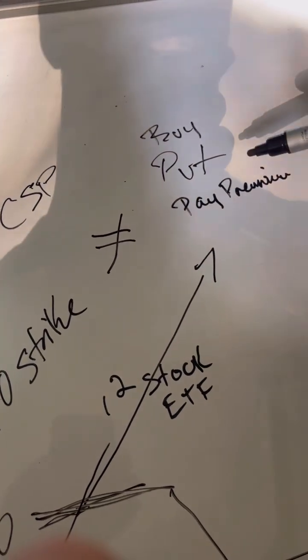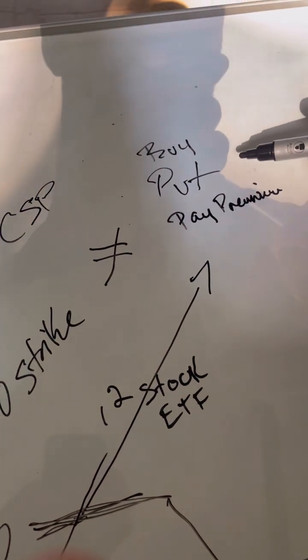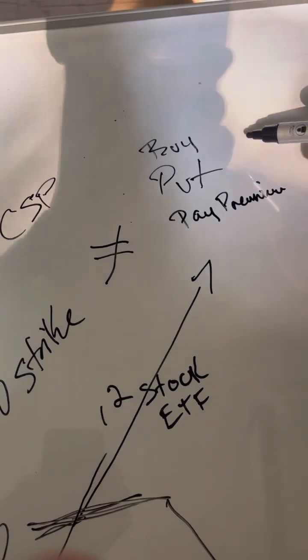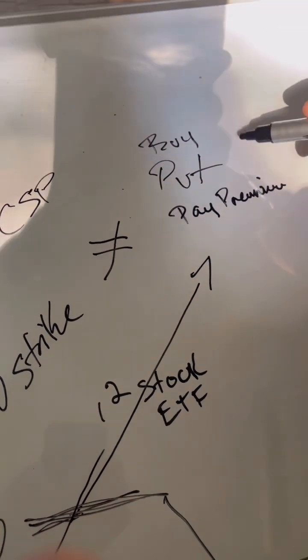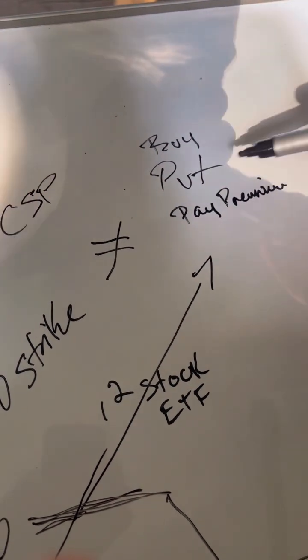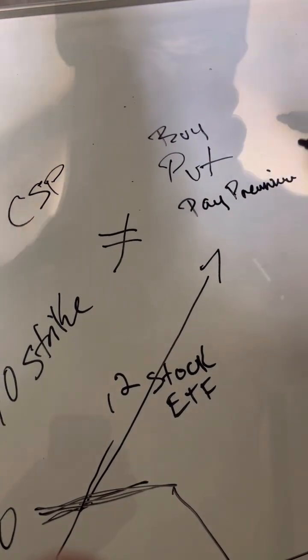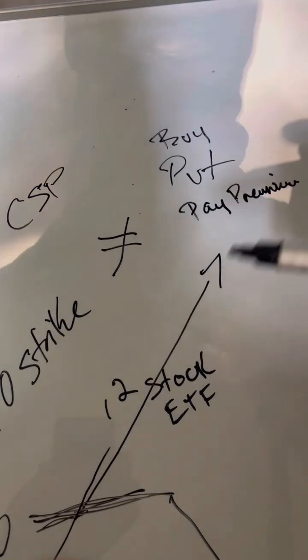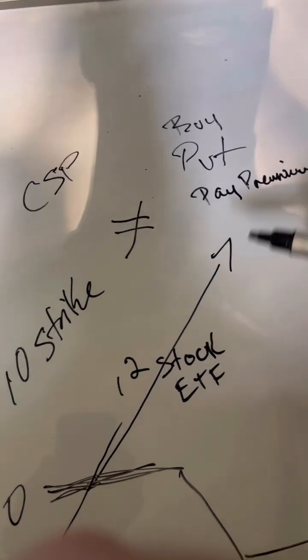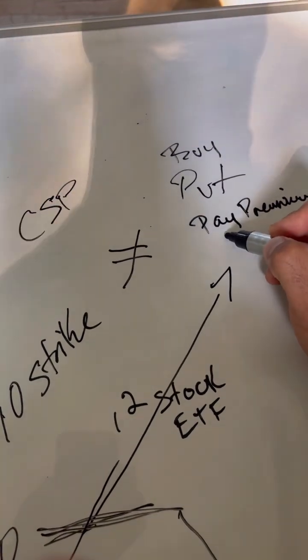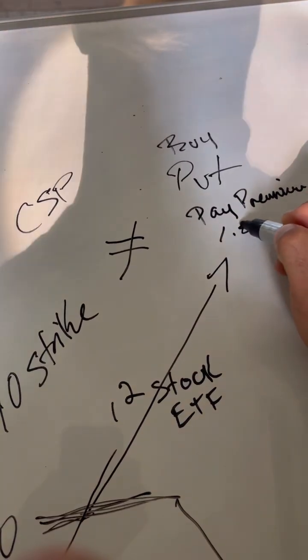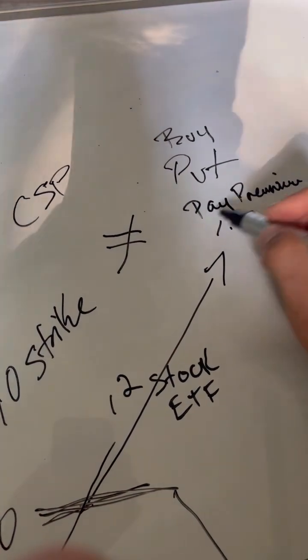Maybe they have Google, and they have a call option that is going way up, and they want to use a protective put strategy. So they're going to buy a put to protect their call option, and they are willing to pay $1.50.